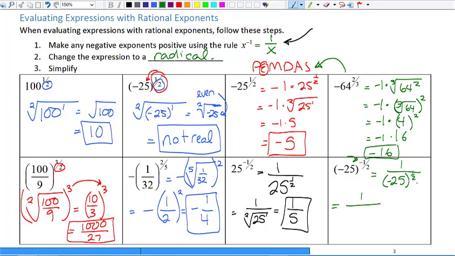I'm going to change that rational exponent into a radical expression. So I have the square root of -25 to the 1. Well, to the 1 really doesn't do anything, so I just have the square root of -25. And because the index is even, you are not allowed to take the even root of a negative, so this answer is not real.